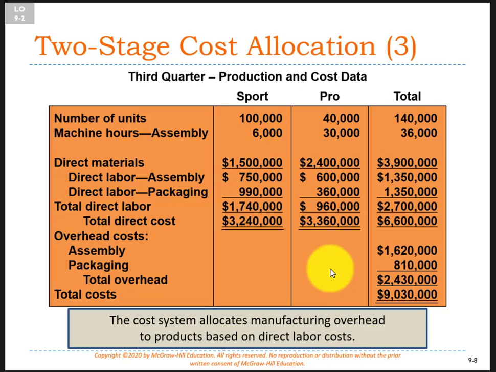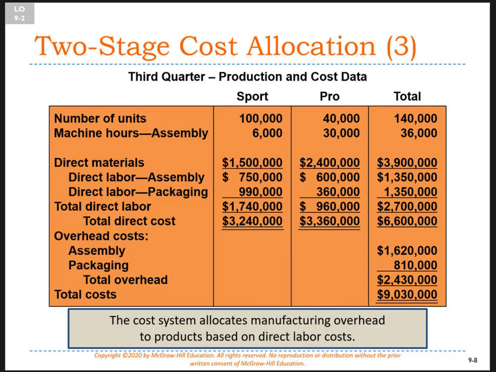And we have broken down our direct labor into a couple of processes, meaning this is the people that work in our assembly and our packaging. So it feels a little bit like process costing, where we track everything by department.